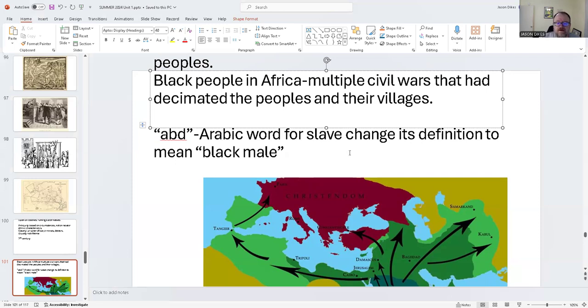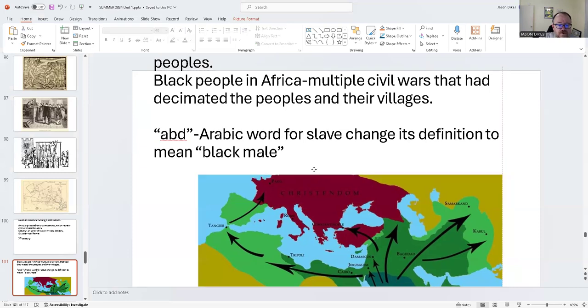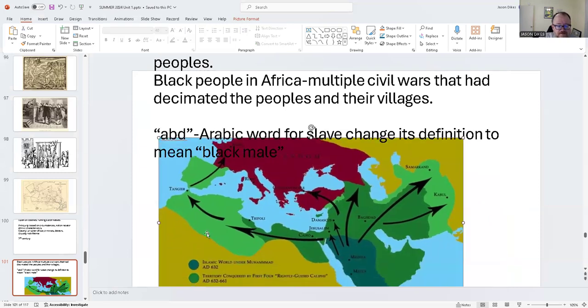So the idea of Blackness and slaveness really began to become very, very ingrained. And so a lot of the African population was initially enslaved out into these other parts of the world, as well as within this region.